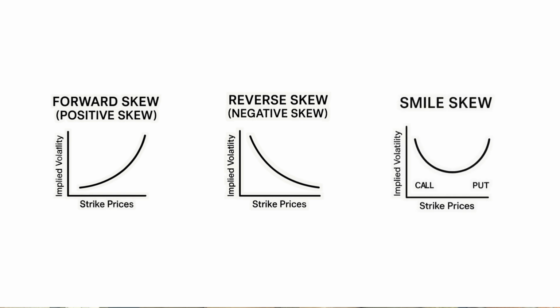And the third one is smile skew. IV is higher for both out-of-the-money calls and puts than for at-the-money options. This happens in some markets like FX, where large moves in either direction are possible. In equities, reverse skew is the most common, with higher IV for lower strike puts.